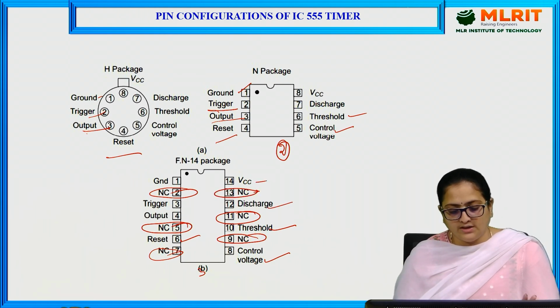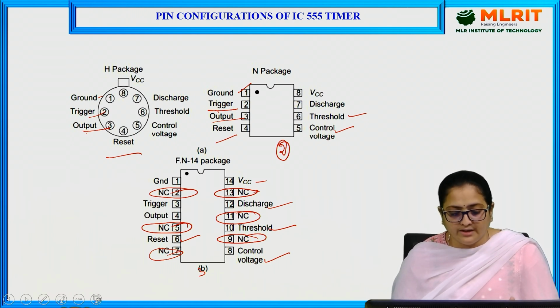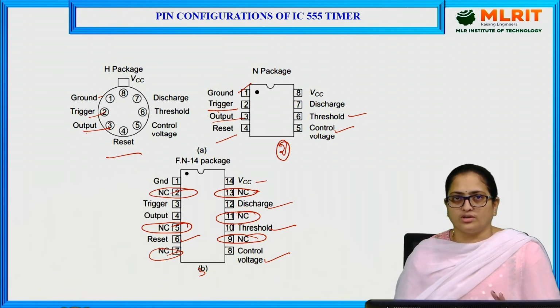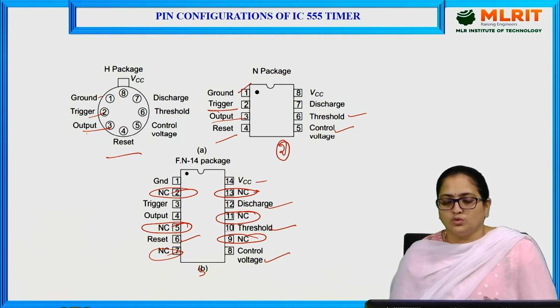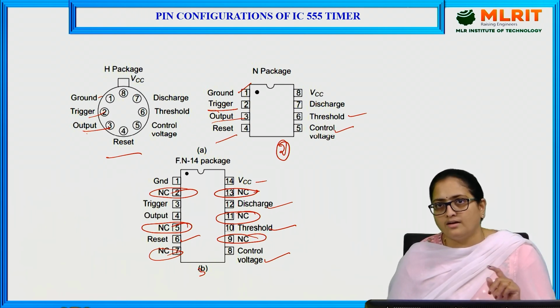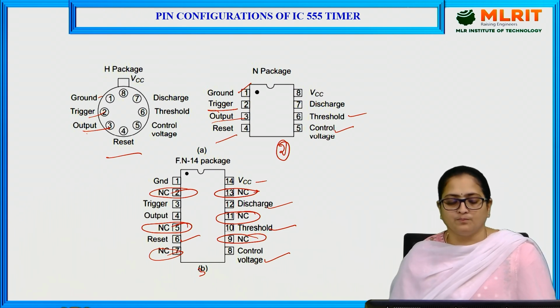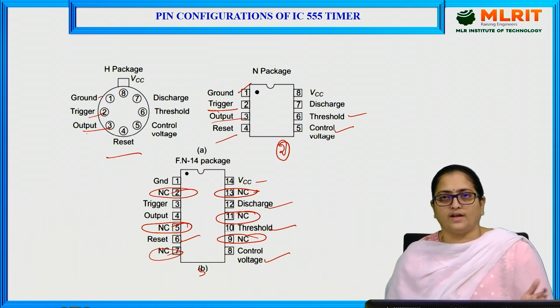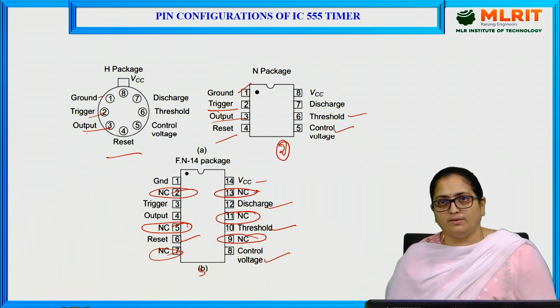If you can see here, we are using only 8 pins and the remaining pins are kept for no connection. So, wastage of pins will be more in this 14 pin IC. So, generally we use the 8 pin dual inline or flat pack IC 555 timer for our applications mainly. Based on your applications, you can either go with the metal can or with the 14 pin flat pack.